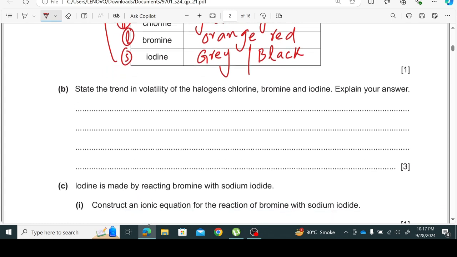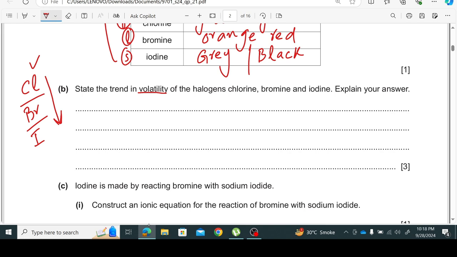State the trend in volatility of the halogens chlorine, bromine, and iodine. So what is volatile? Volatile means when something easily evaporates at room temperature. We know chlorine is a gas, bromine is a liquid, and iodine is a solid. So we can easily understand that volatility is decreasing down the group, because chlorine is a gas, so it is easily volatile, and bromine is a liquid.